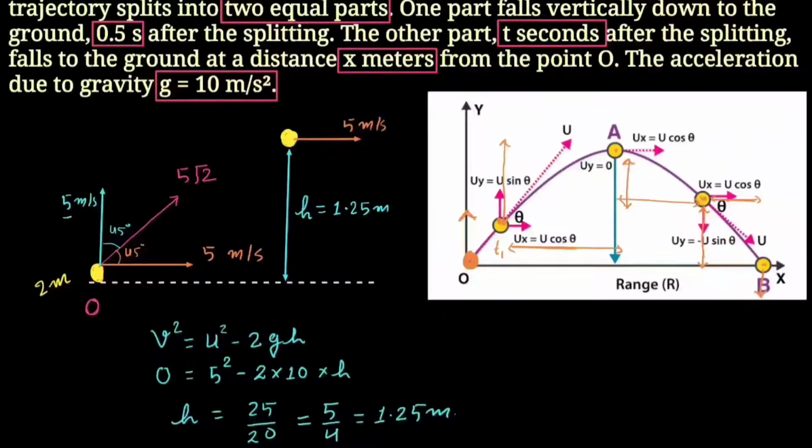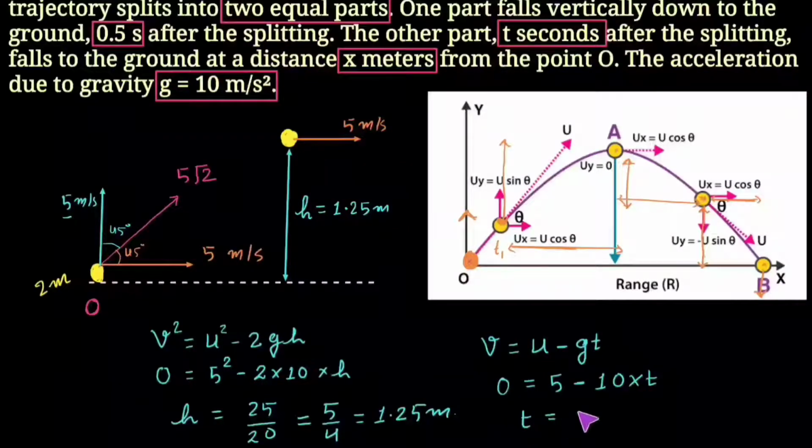So for that, what can we do? We can simply apply the first law of motion, that is, the final velocity equals the initial velocity minus g into t. Here the vertical component of the velocity at its highest point is 0. The initial velocity in the y direction is 5 meters per second, minus the value of g, which is 10, into t.